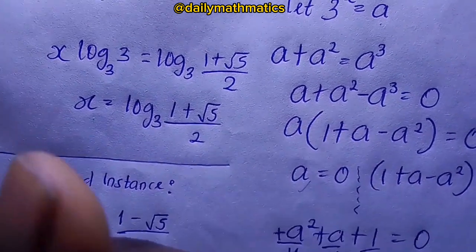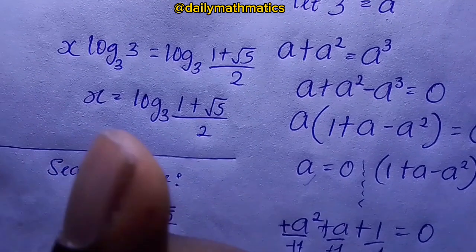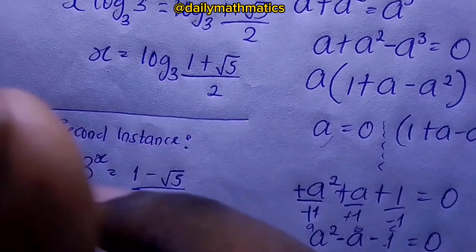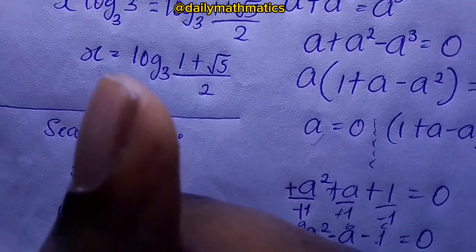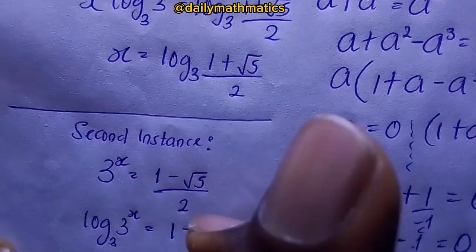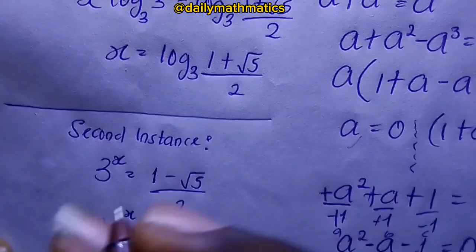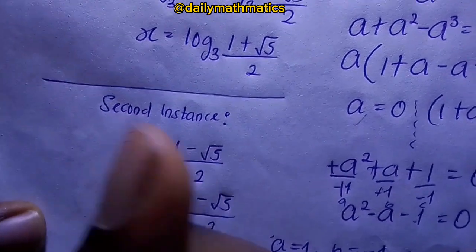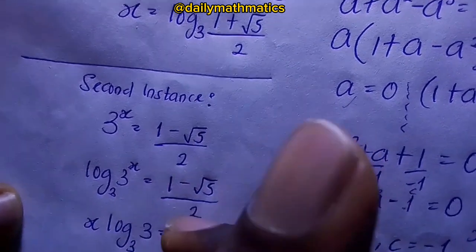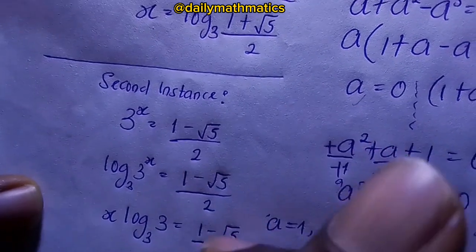If we still put the log base 3, it will still give us the same thing. So log base 3 of 3 raised to the power x equals log base 3 of 1 minus root 5 over 2. From here we can still bring the x to this side: x log 3 in base 3 equals log 3 of 1 minus root 5 over 2.